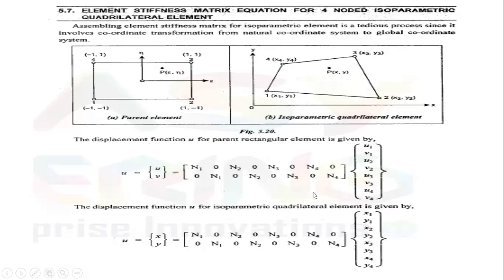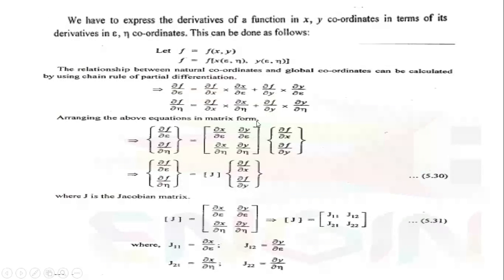So this is the equation we have seen in the last lecture. Now what we are going to do is the coordinate transformation, that is, we are going to represent the straight-edged element as an isoparametric element.